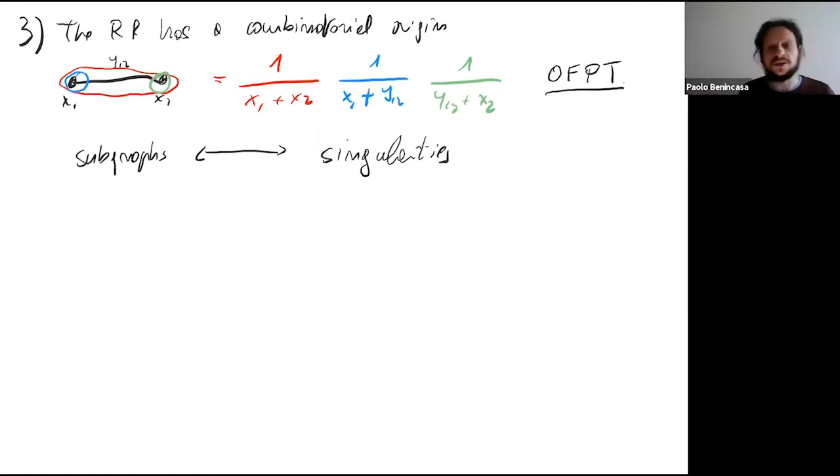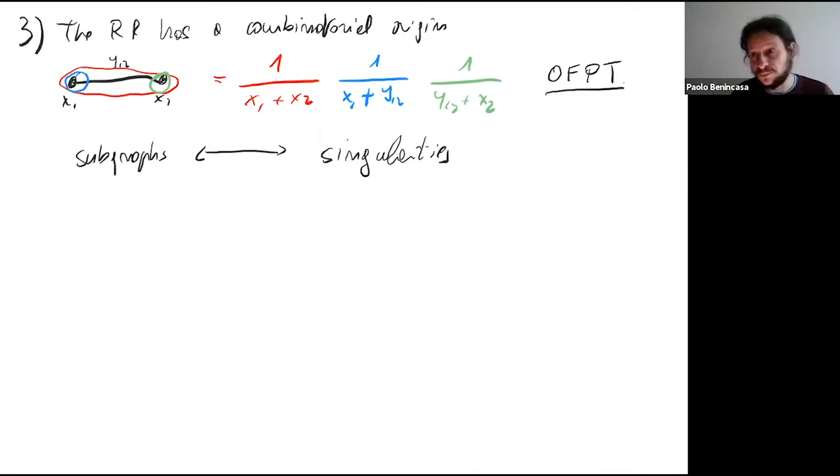In fact, in order to write this formula, I have to associate the inverse of the sum of the energies which are external to the subgraph. The inverse gives you a pole, so that's a natural singularity of the object.